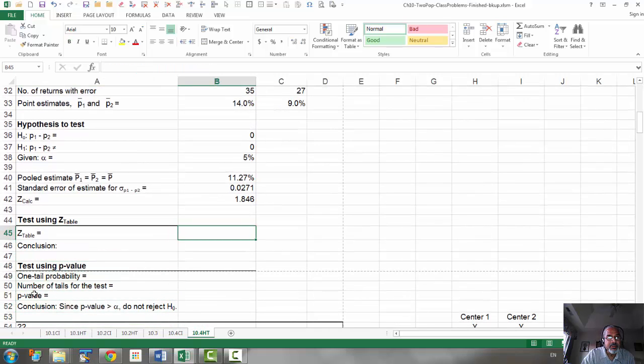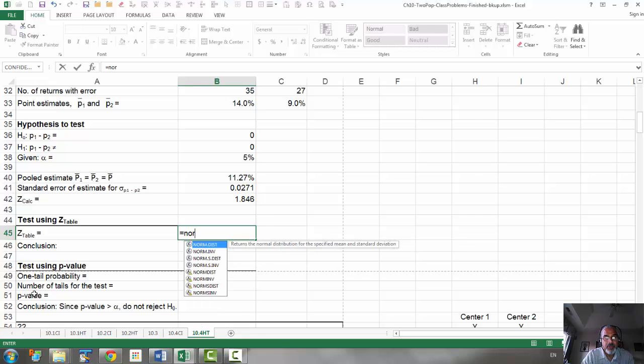So here z-table value, because this is a two-tail test, so we need the right hand side tail. So we have norm.s.inv and 1 minus alpha over 2 will give you the z value.